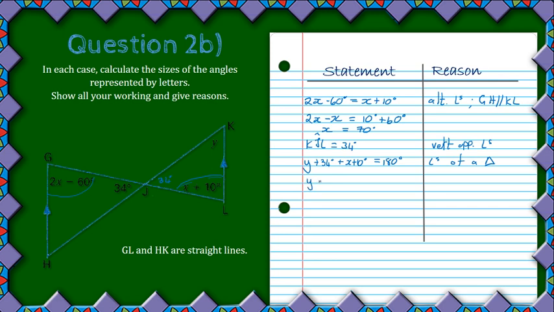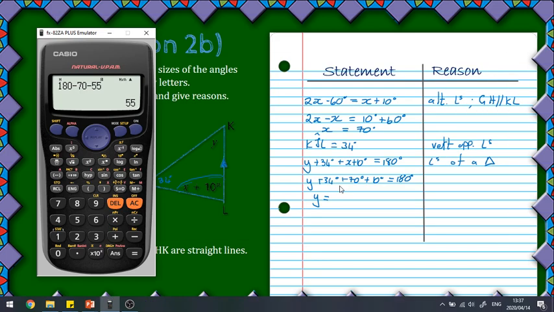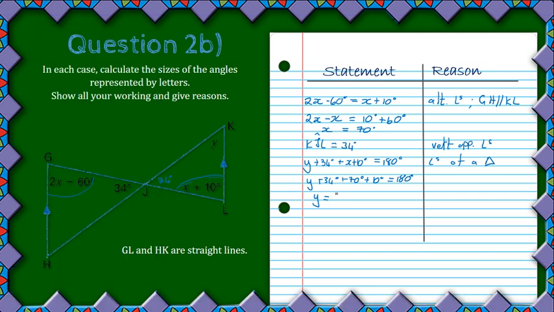So we have y plus 34 degrees plus 70 degrees plus 10 degrees equals 180, and now I'm in the position to solve for y. So y then is equal to 180 minus 10 minus 70 minus 34. So this will give me 66 degrees.